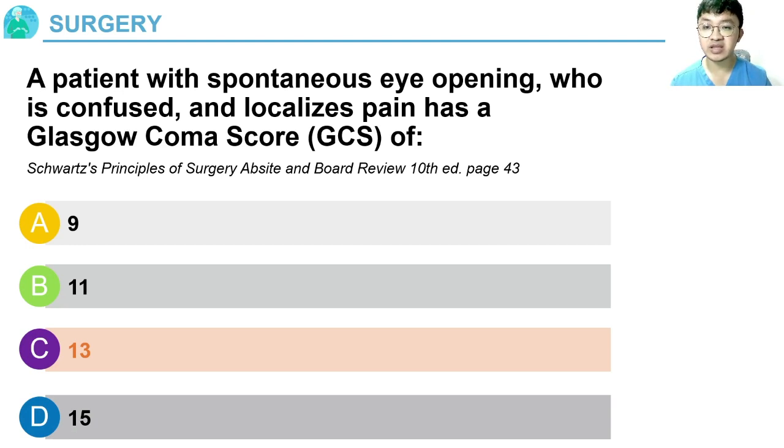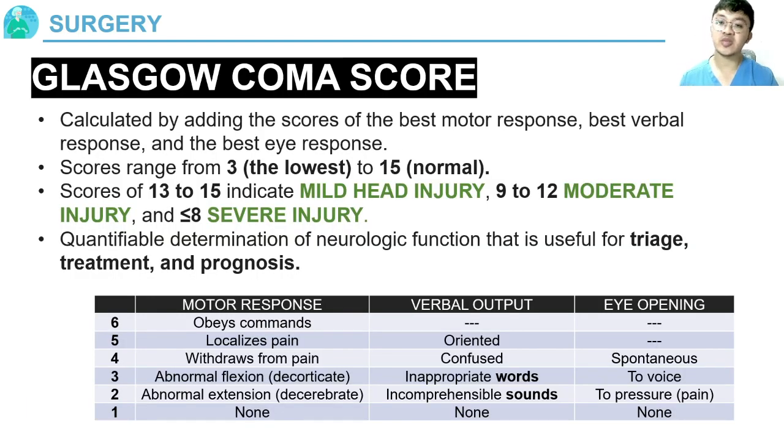So 4 plus 4 plus 5, you get a GCS score of 13. Your Glasgow Coma score is calculated by adding the best motor response, best verbal response, and best eye response. Scores range from 3, the lowest, to 15, normal. Scores of 13 to 15 indicate mild head injury, 9 to 12 moderate injury, and less than or equal to 8 severe injury.